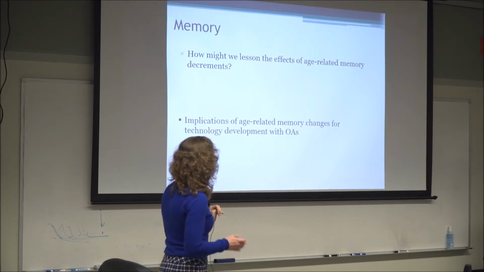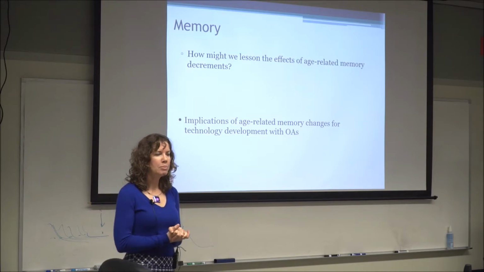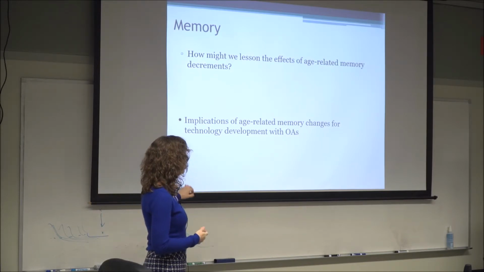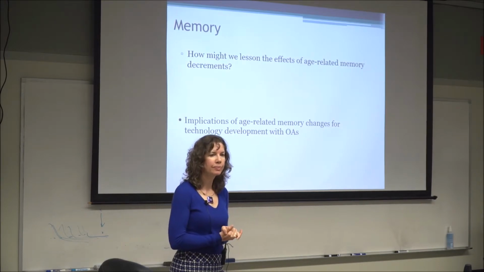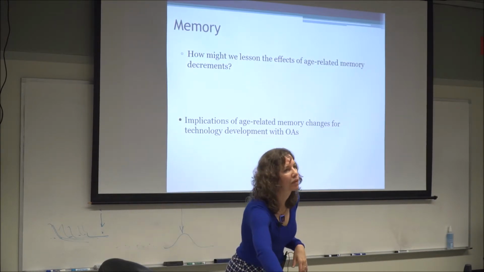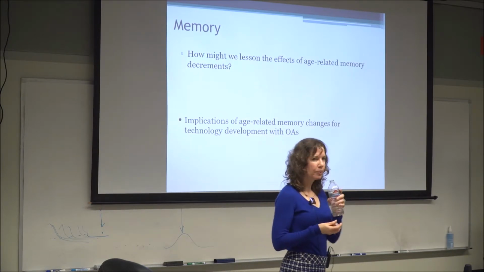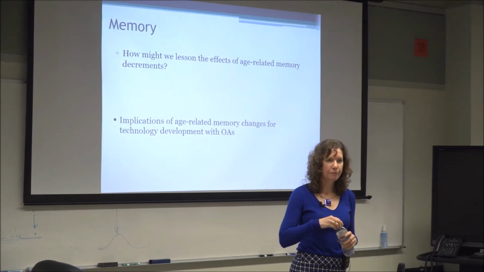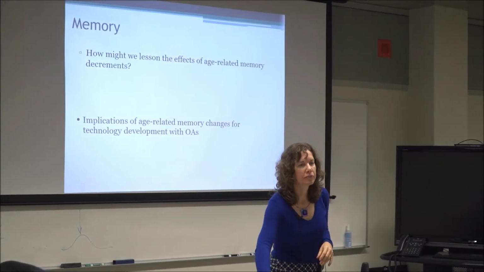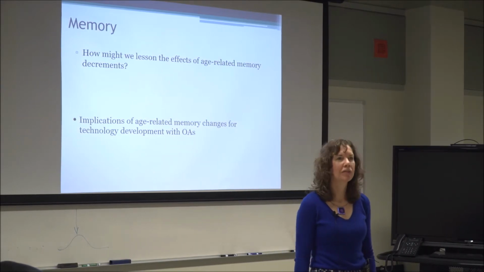Okay, so how might we lessen some of these age-related memory effects, and then what are those implications for designing our technologies? Lisa. As you're going alongside an app, making sure that if there's a file path in your computer, you know how you got where you got because you can see how you got there.